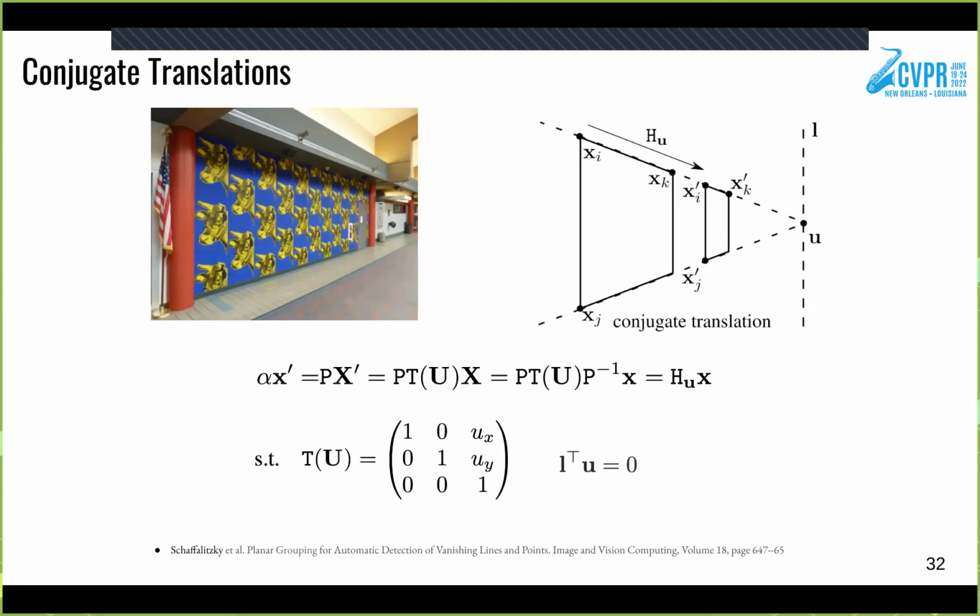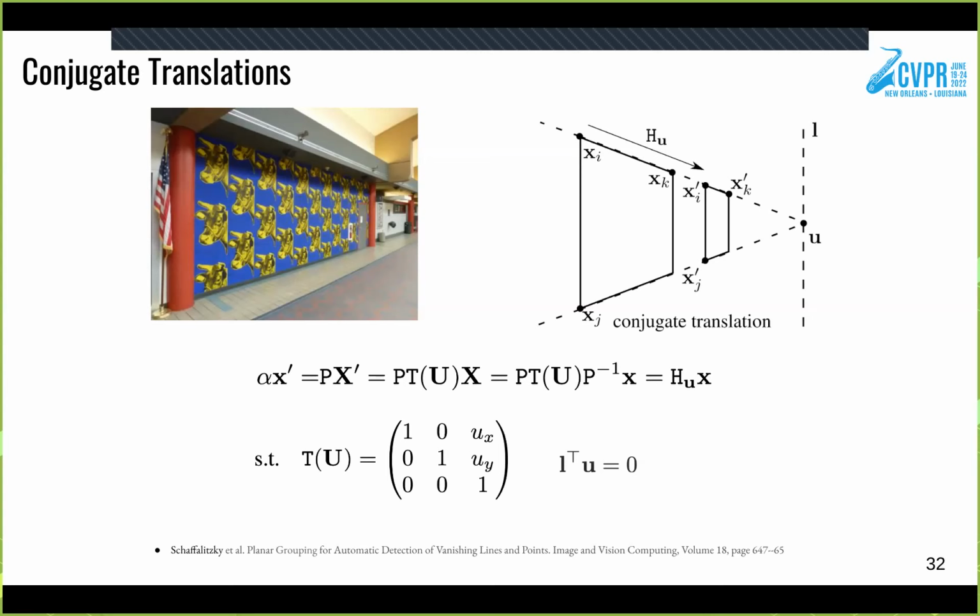And why is it called a conjugate translation? Well, it's because of the form of the transformation. You have this P, which is the homography, as we discussed before. It's not a camera matrix in this case, it's a 3x3 matrix because you're viewing a scene plane. You have the homogeneous translation matrix and this P inverse. And this P, P inverse is what motivates their name conjugate.